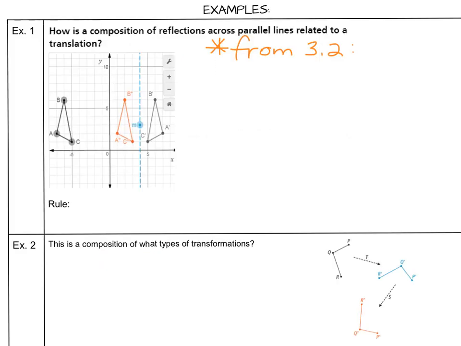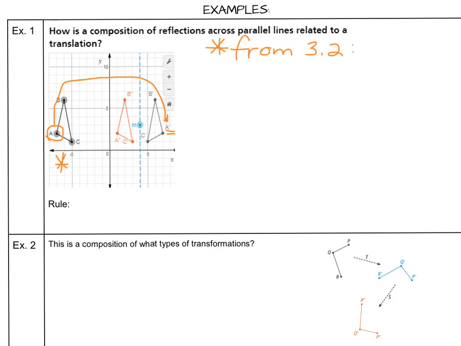To start off our examples, we're going to take a look at how a translation was a composition and how we utilize that to include yet another type of reflection. When we defined translations back in 3.2, we had our preimage shape, but remember we said technically we reflected over 2 lines. So notice how point A right here, if we reflect it over the y-axis, goes all the way over to A prime.